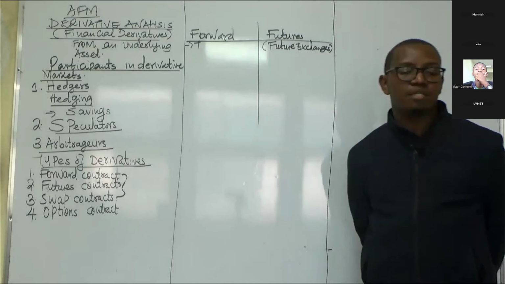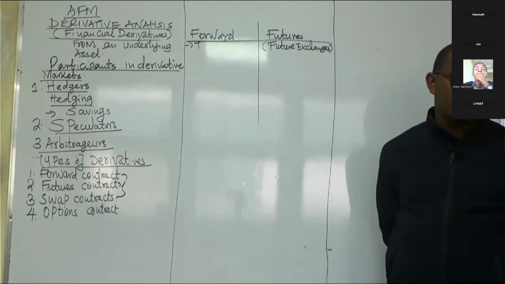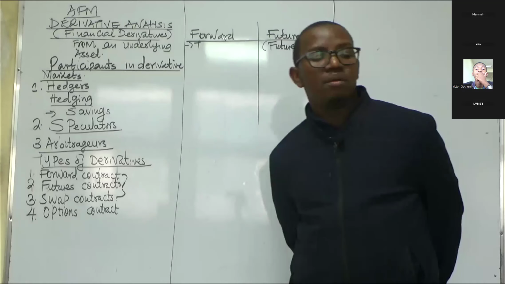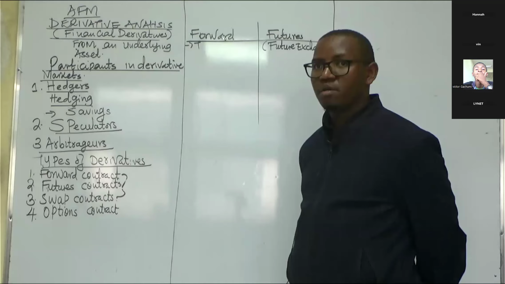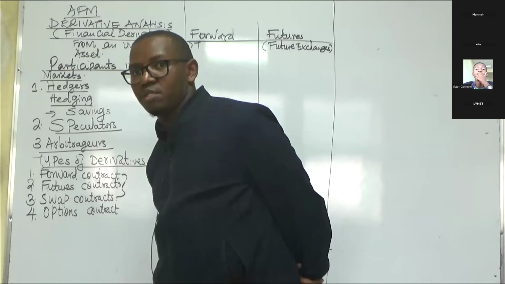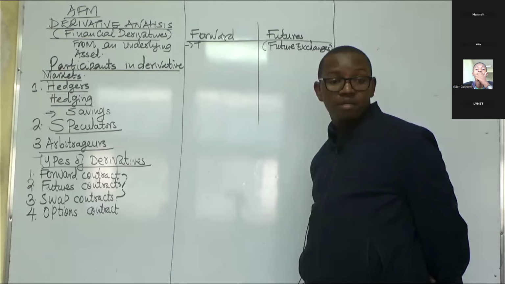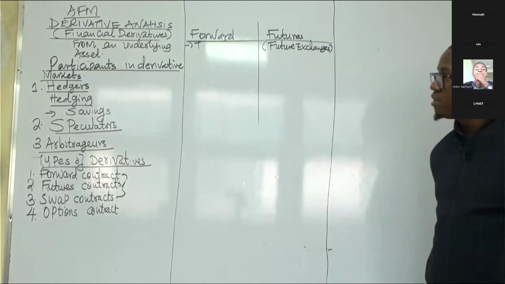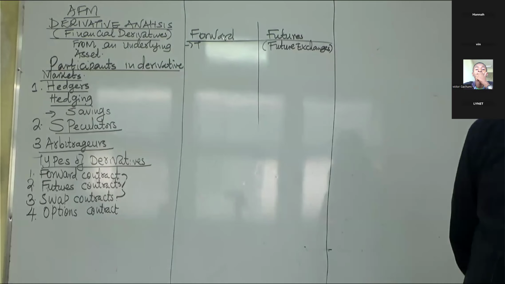Also say that on forward, the default risk is higher. The reason we say the default risk is higher is because they are not regulated. On the other one, you say the default risk is lower.